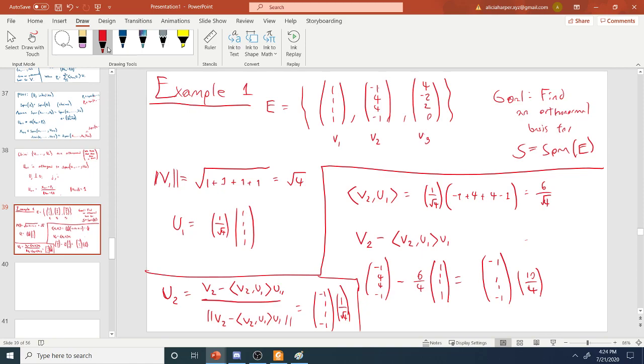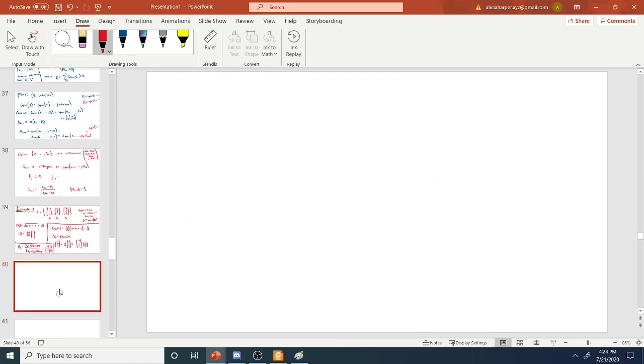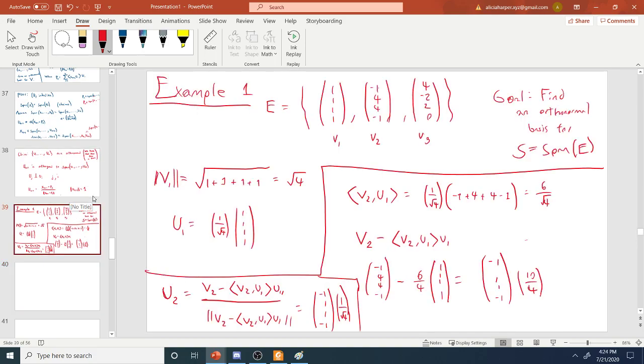Now I have found U1 and U2, and it remains to find U3. So I have to take my V3 and compute its inner product with U1 and with U2.